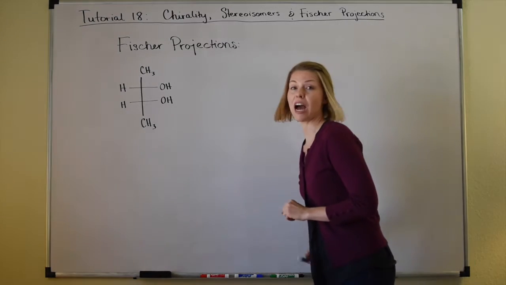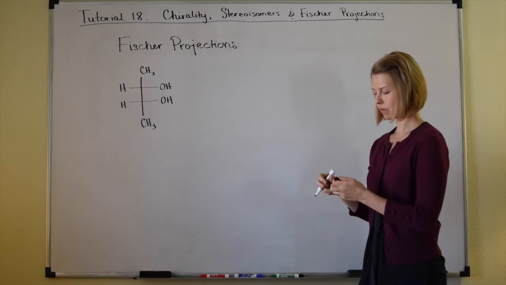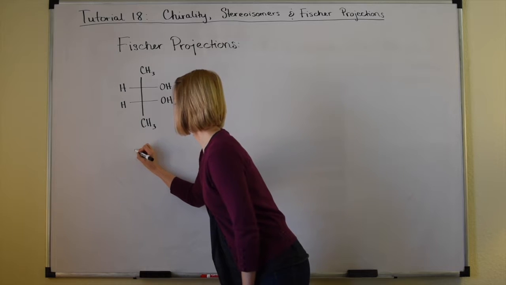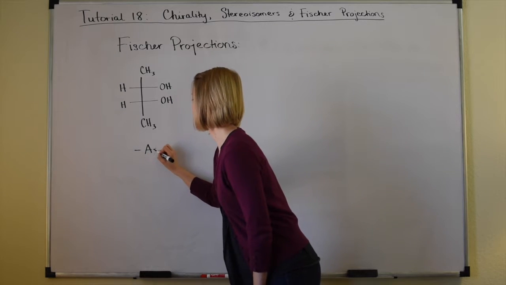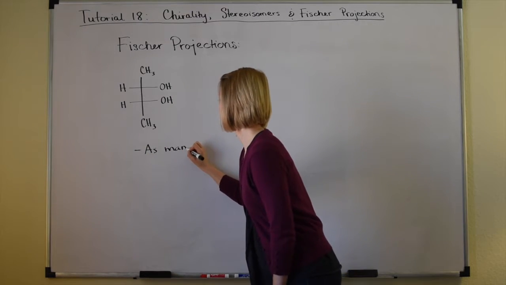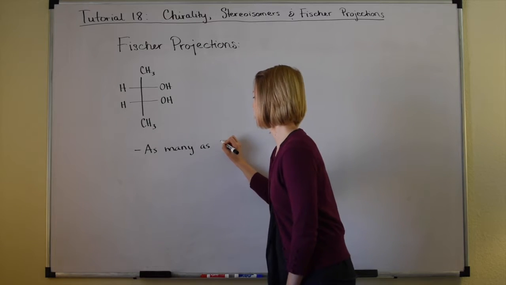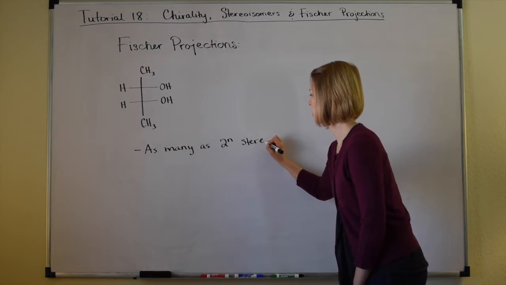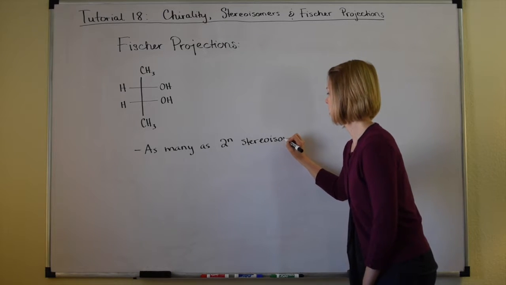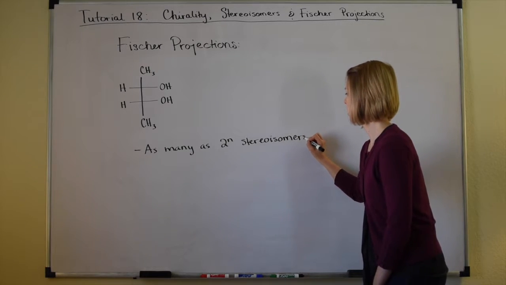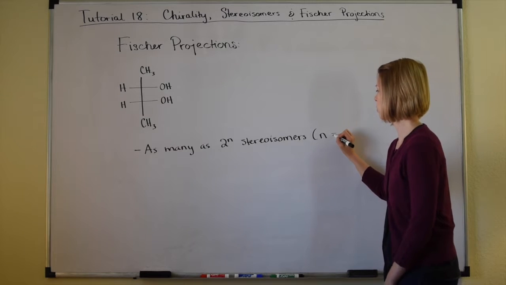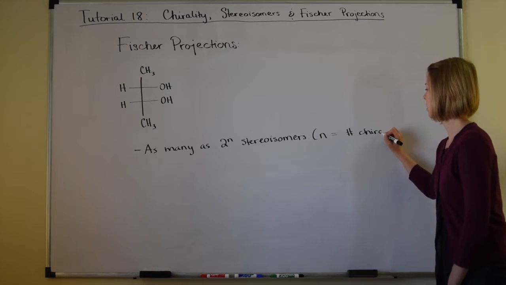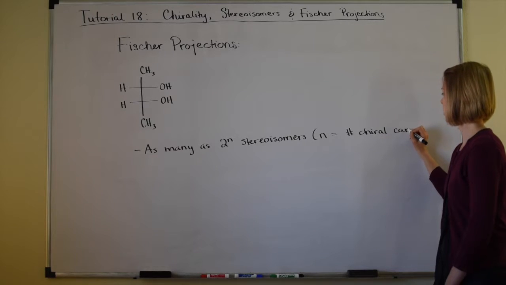I'm going to write that down. Okay, so there will be as many as 2 to the n stereoisomers, where n is equal to the number of chiral carbons.